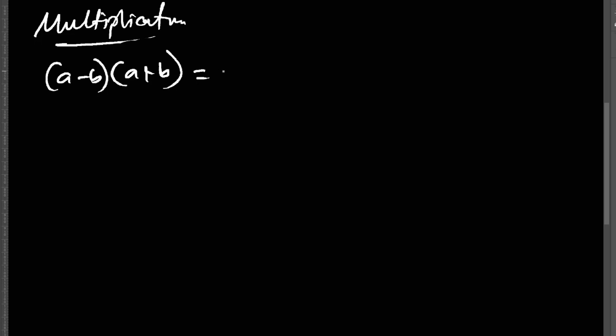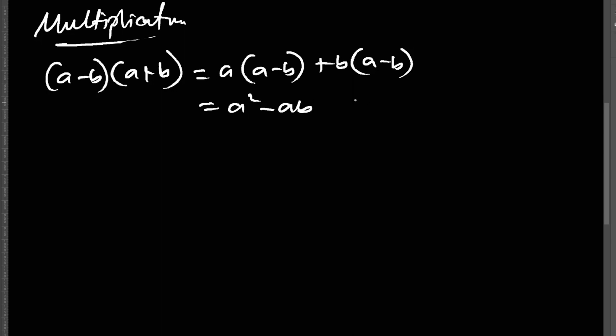So let's say this is a into a minus b plus b into a minus b. You still have the same result. Therefore, you have a squared minus ab plus ba minus b squared. These two can cancel because they are the same thing. Then you have a squared minus b squared.